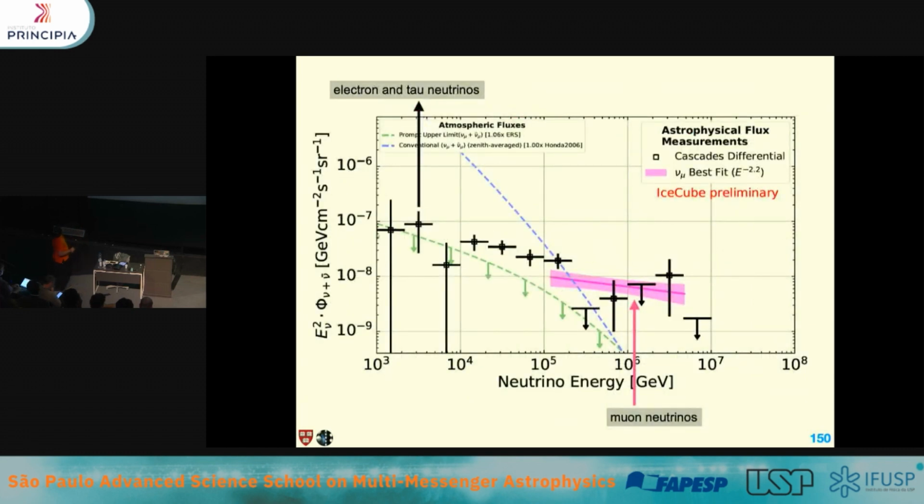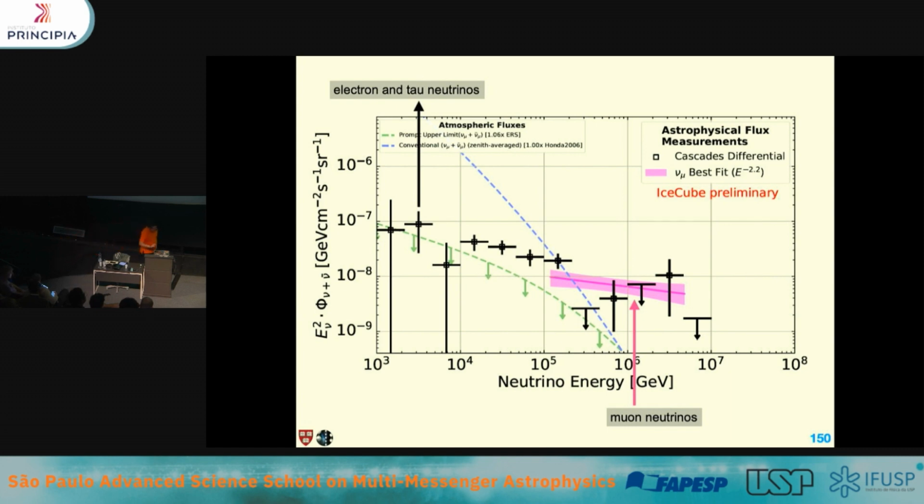This is another way of looking at it. This is the muon neutrinos, and this is a more recent analysis that looks for cascades, and you can measure it like that. Again, this is strictly higher than the muon neutrino case.